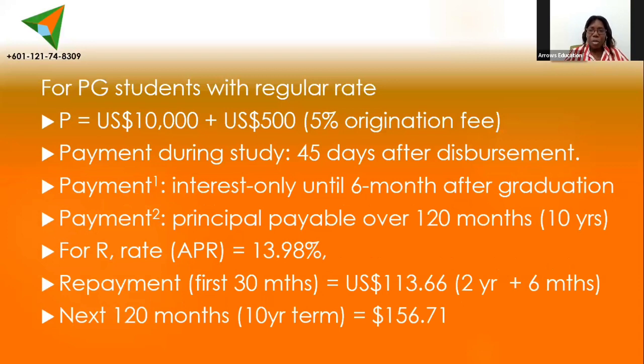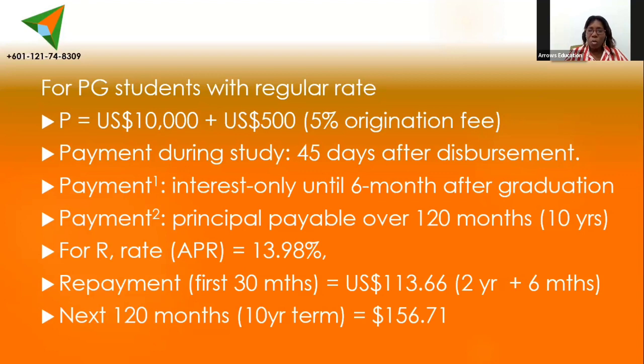For a postgraduate student paying the regular interest rate, let's say you are taking a loan of $10,000, an extra $500 will be charged as origination fee, which means if your loan is $20,000, your origination fee will be $1,000. So all of this goes together as your loan. During study, you are going to start paying 45 days after disbursement.